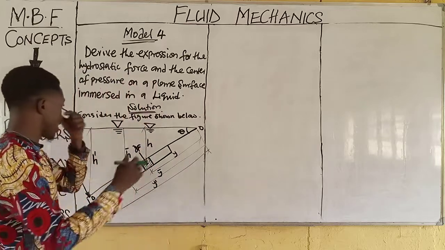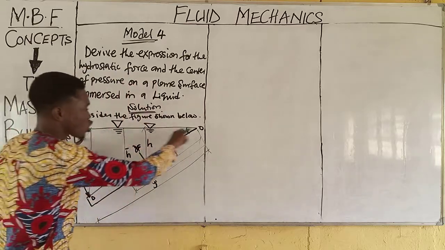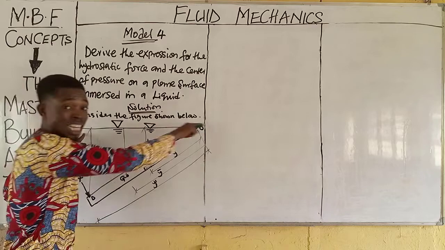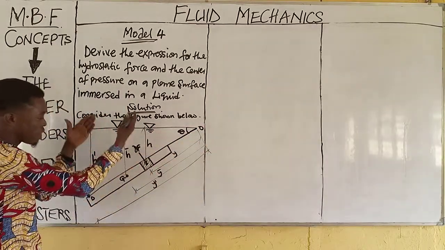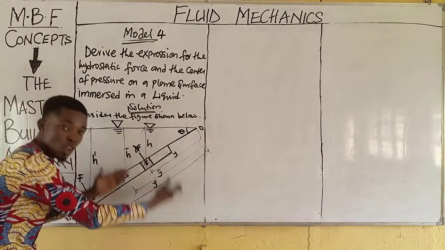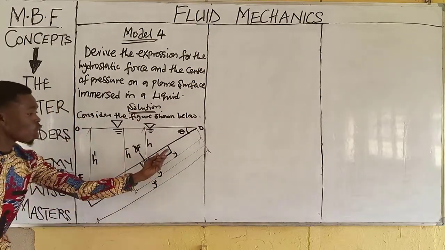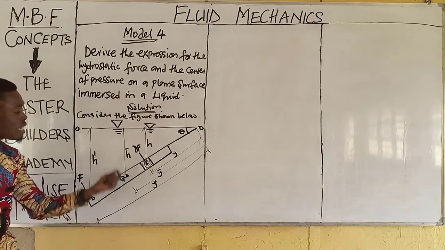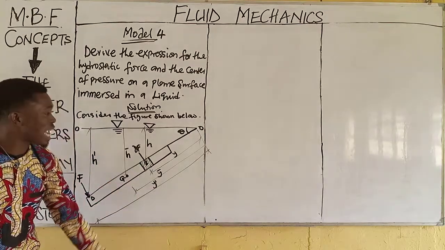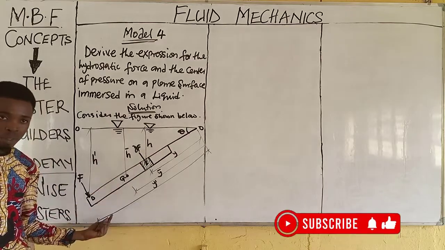Now, if this is taken, then this is a datum. Let's assume this is the surface of water. Yeah, this is the surface of water, O to O. So everything here, this is the body of water. Now, this is the object that is inserted inside the water, that is immersed inside the body of the water at an inclined angle. Are you there?